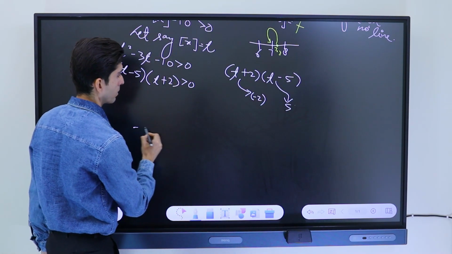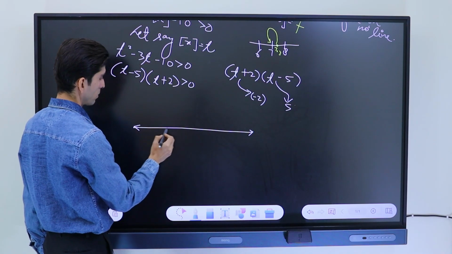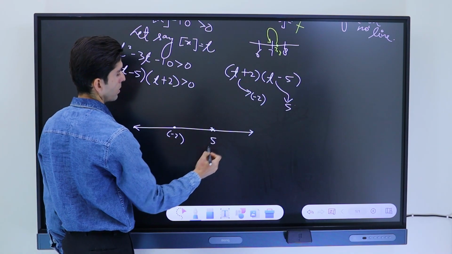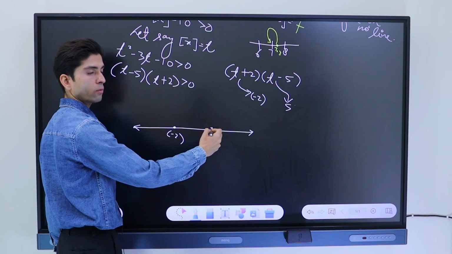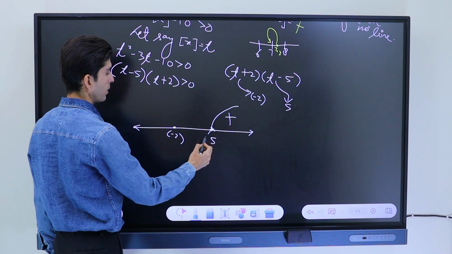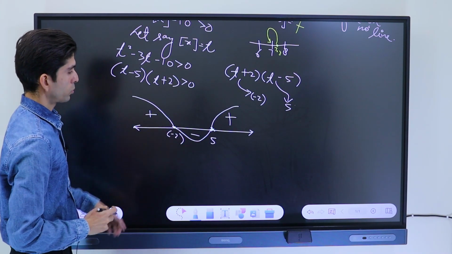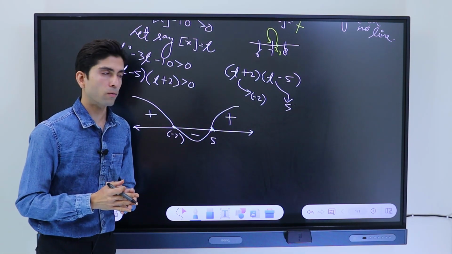So on the number line, we'll mark minus 2 and then mark 5. Now the wavy curve will start from the right of 5 with a plus sign, then it will go alternately negative and then positive. So the wavy curve is not the exact curve for the expression.